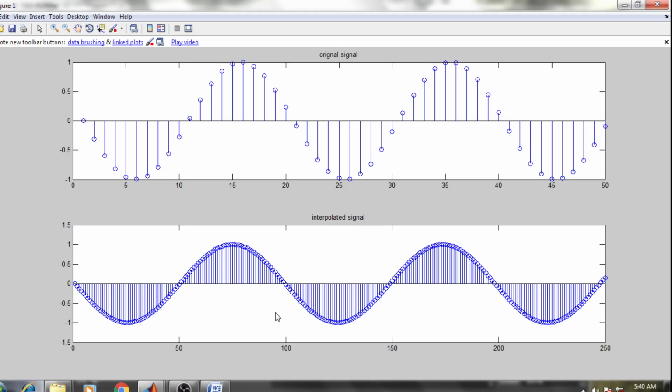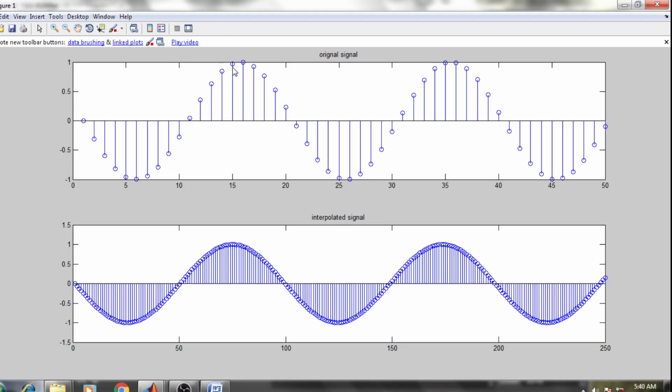But in the interpolated signal, they are very close to each other. That's why we get this beautiful graph from the interpolation process. In the decimation process, the samples are largely separated, but in the interpolated signal they are close to each other. This is the biggest difference between up and down sampling.